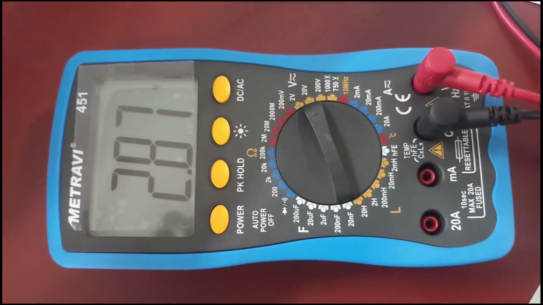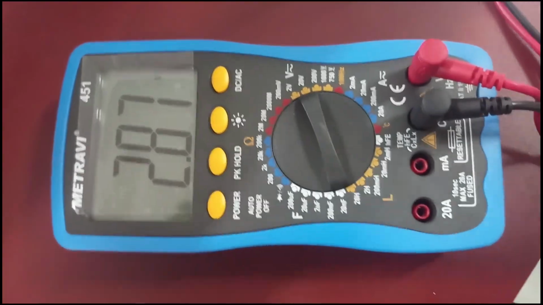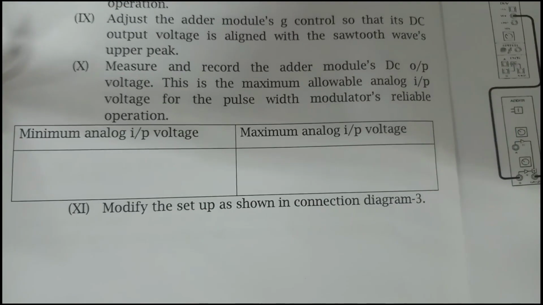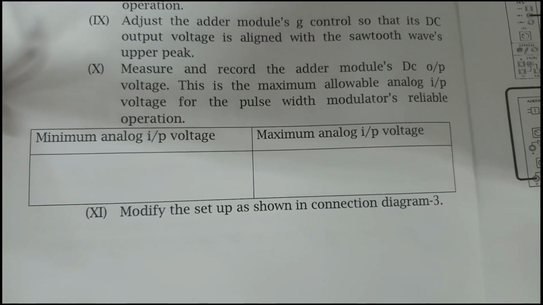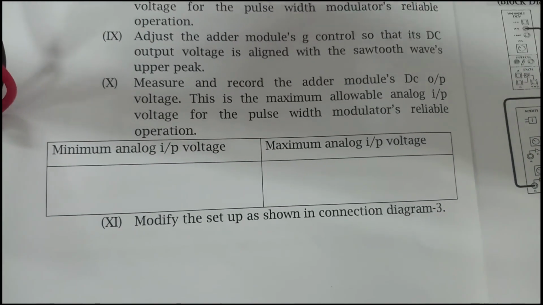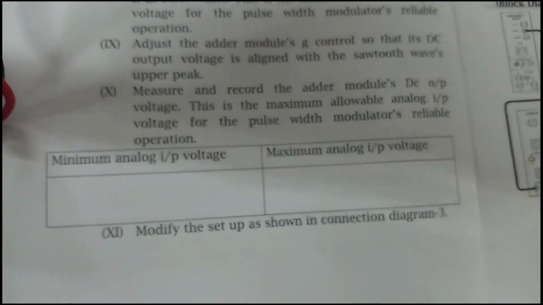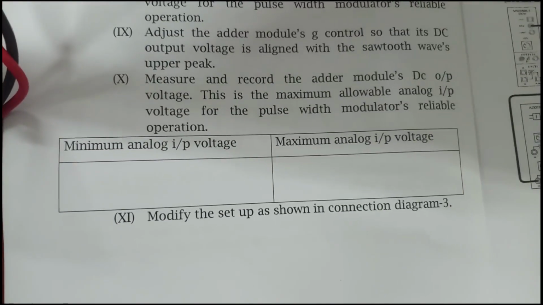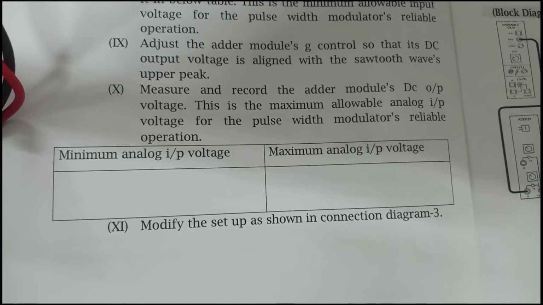You have to note this down in the table: minimum analog input voltage and maximum analog input voltage. Minimum is when the DC output voltage is aligned with the sawtooth wave's lower peak. Maximum is when the DC output voltage is aligned with the sawtooth wave's upper peak.